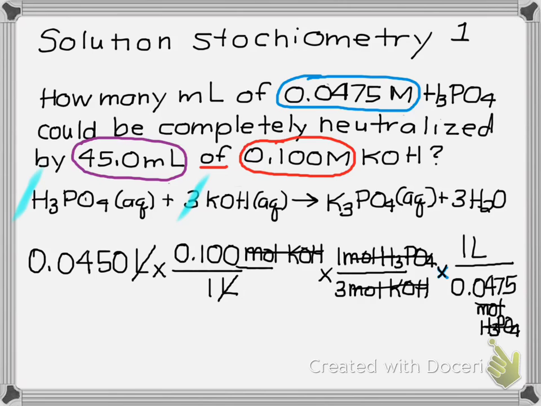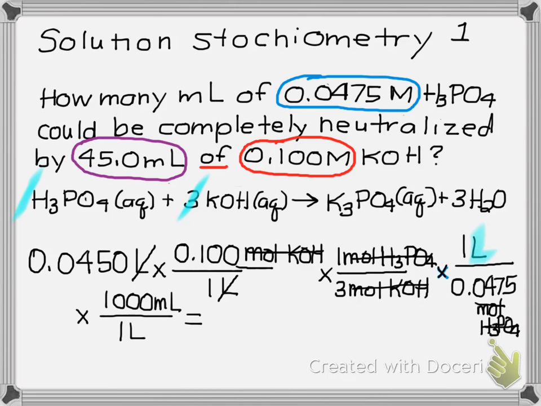So I put the 0.0475 mole of the H3PO4 on the bottom so that it would cancel. Now if I get this answer, if you look here, I would be in liters, and the question asks for milliliters. So then coming down here, if I say 1,000 milliliters in 1 liter, then I will have my answer.